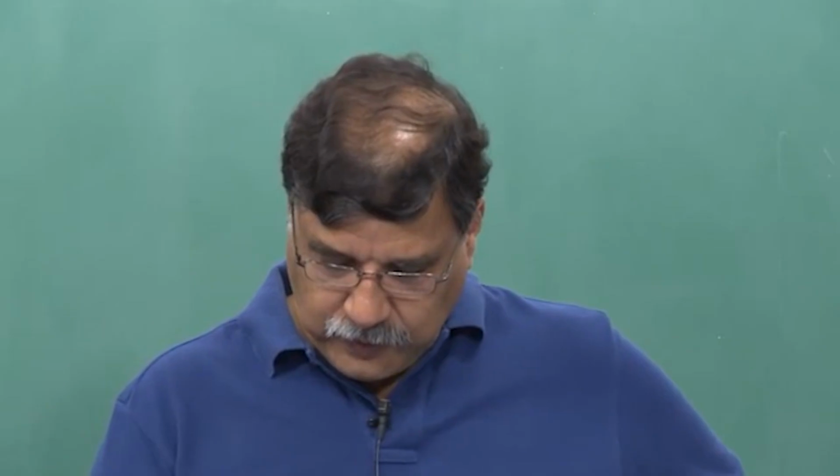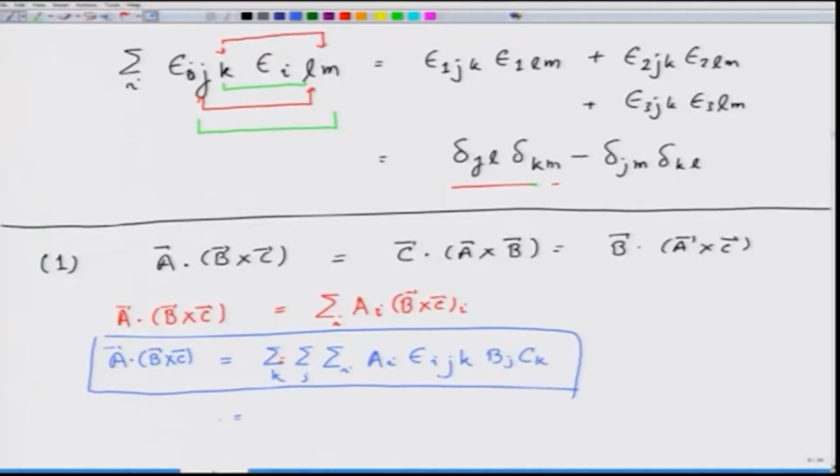Now, let us see what we do next. Next, what I can do is change the order. Let me write this in the form of summation j, summation k. I can sum in any order I like, this is commutative: B_j epsilon_ijk A_i C_k.